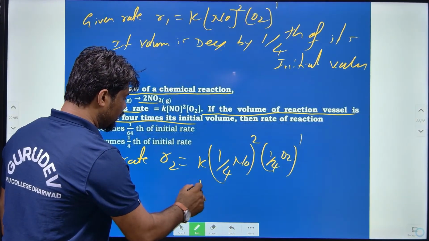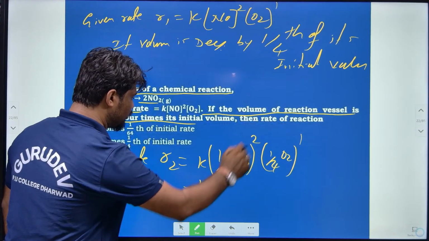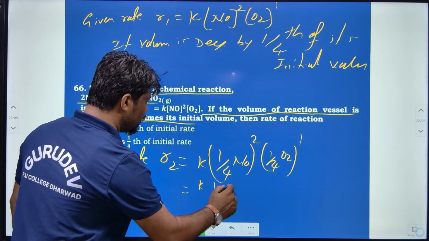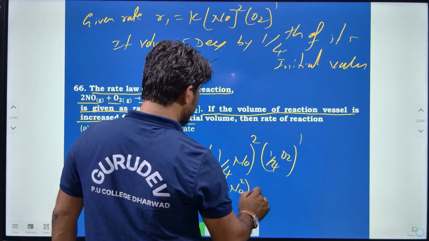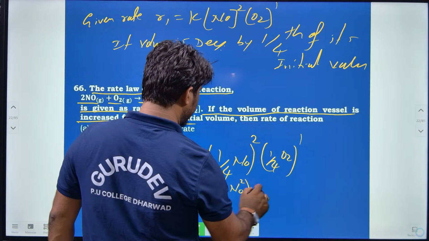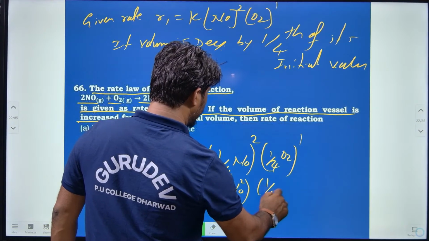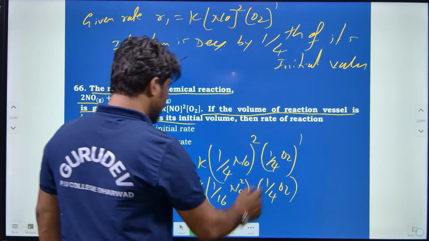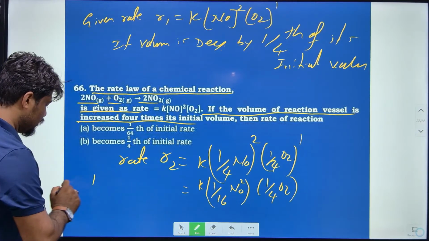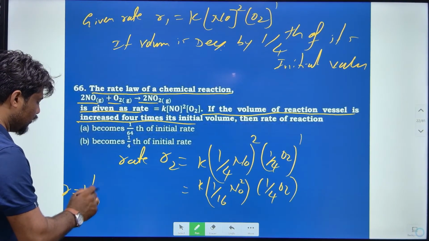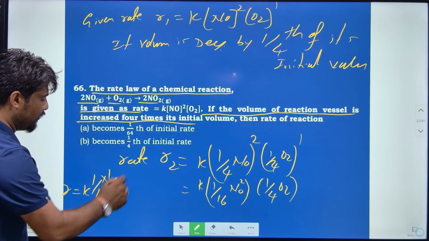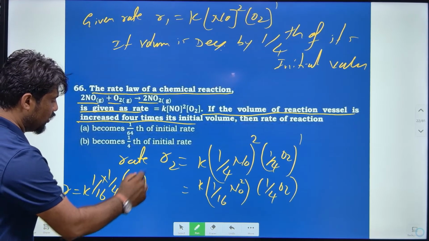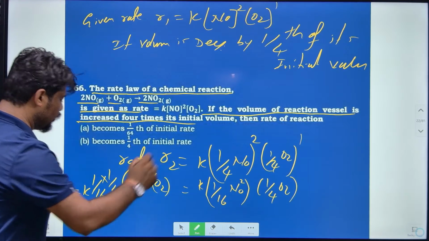Now from K into (1/4) squared, which is 1/16, [NO] squared, and 1/4 [O2]. Take the common values. Then R is equal to K into 1/16 into 1/4 into [NO] to the power of 2 and [O2].